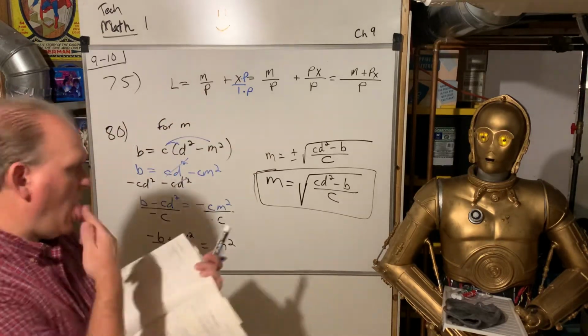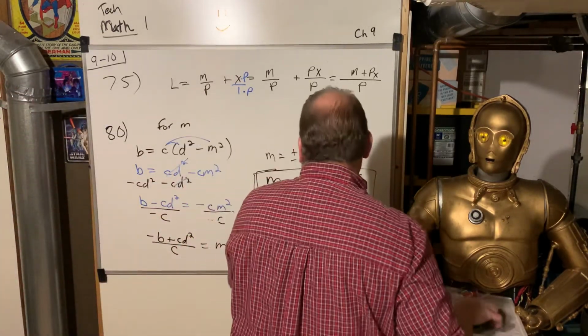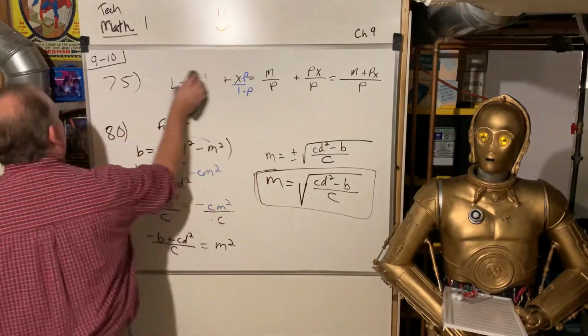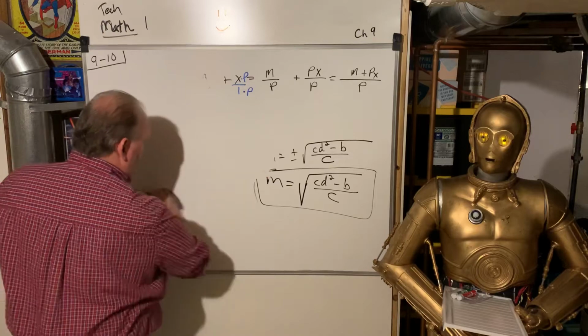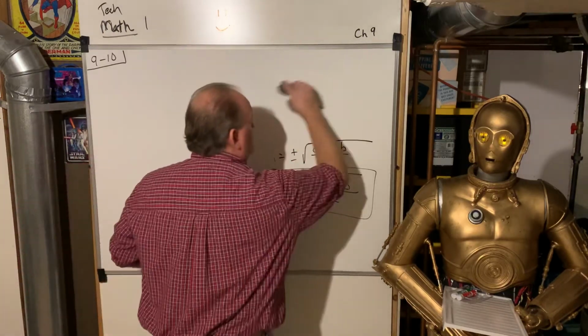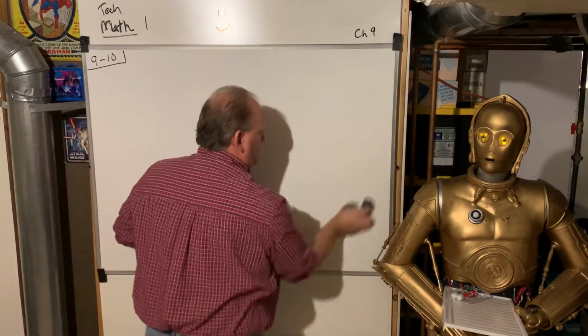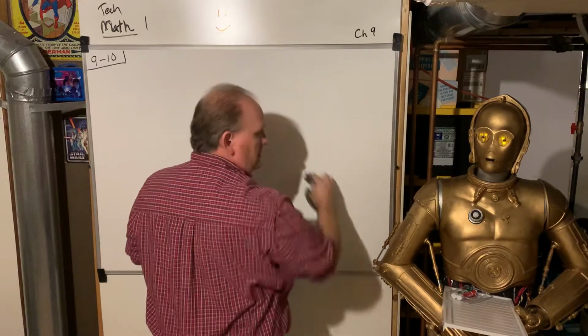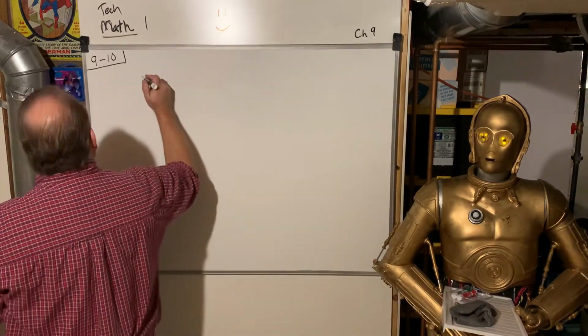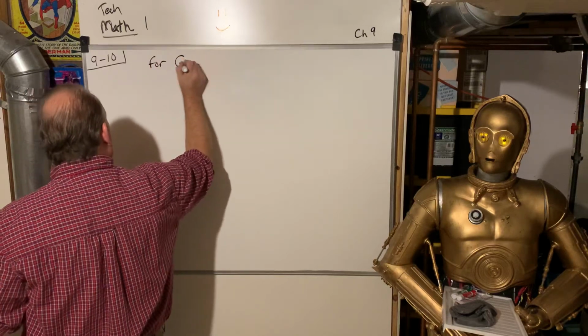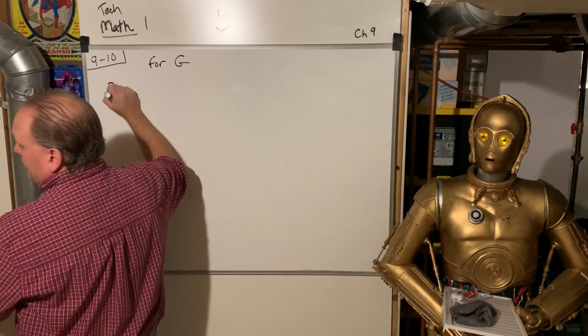All right. And then let's forget there's a second one on there. And that'll be the last one we do on this video. So the second one is for G. This is still number 80.